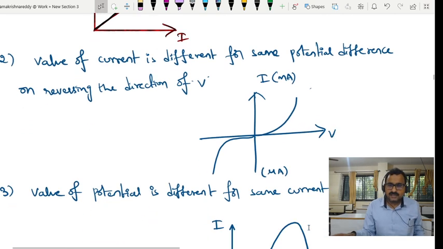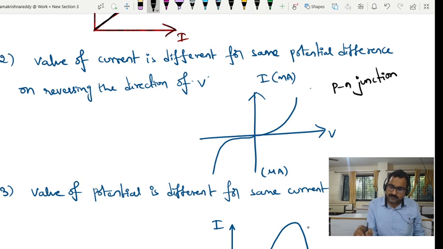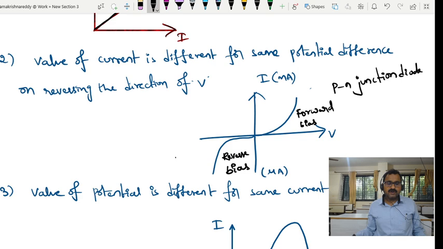The second one, already studied, is the PN junction diode. This is the second example. In forward bias and reverse bias, they are also curvy.